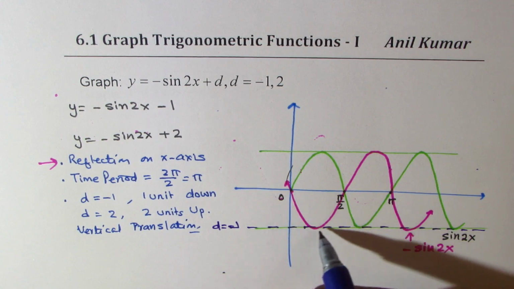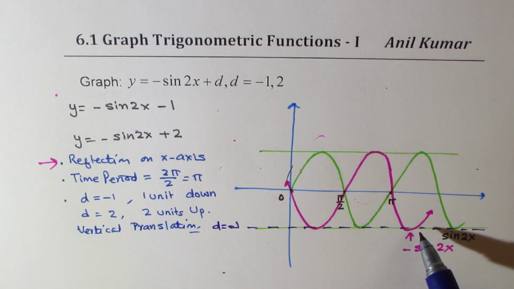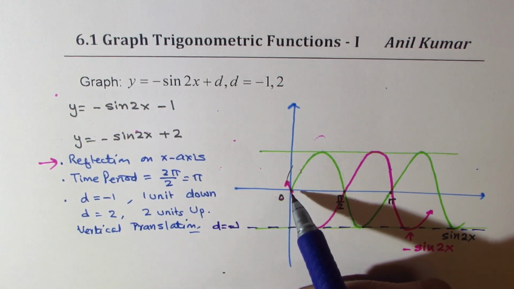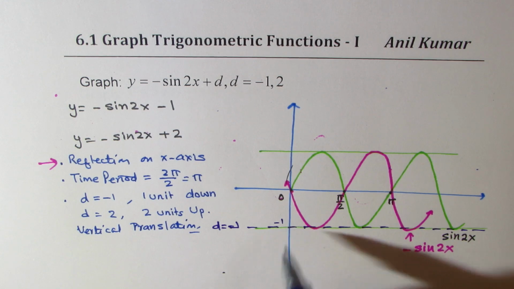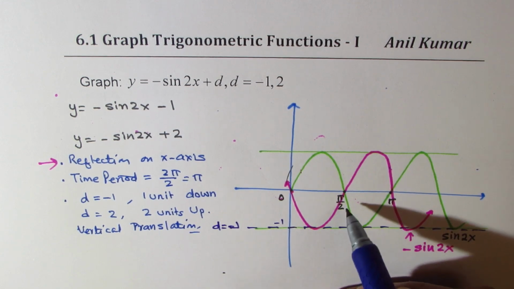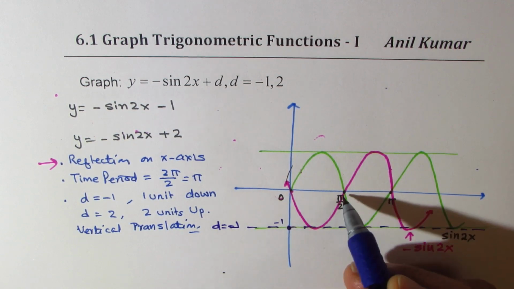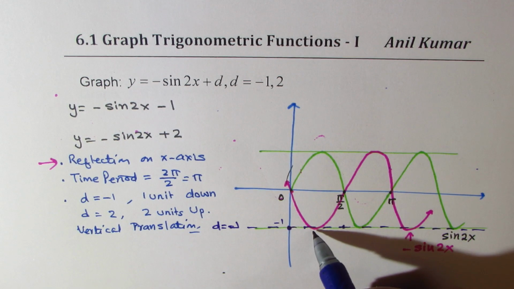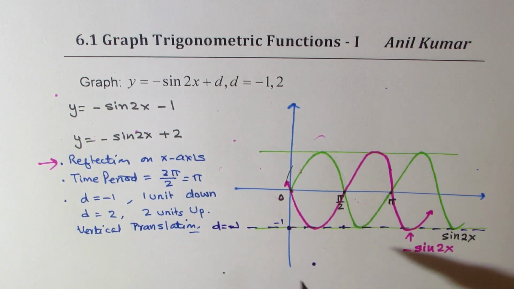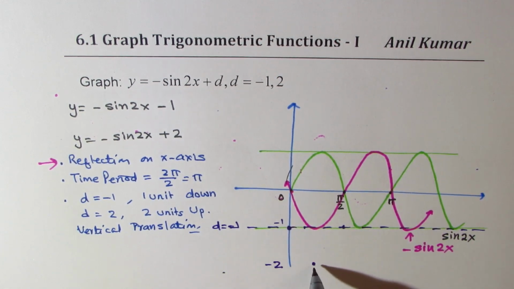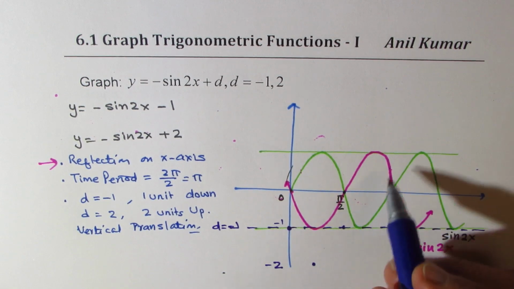So this pink graph which you see here, instead of starting at 0, comes down to minus 1. Right, so all these points move 1 unit down. So this point will be here, that point will be right there, and the minimum will be at minus 2, right?